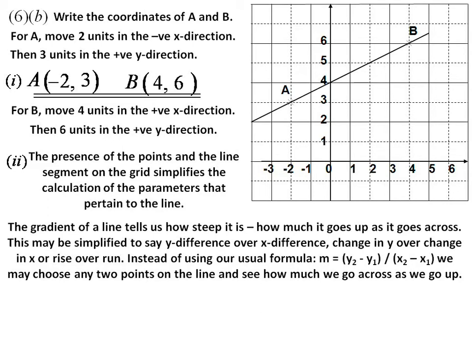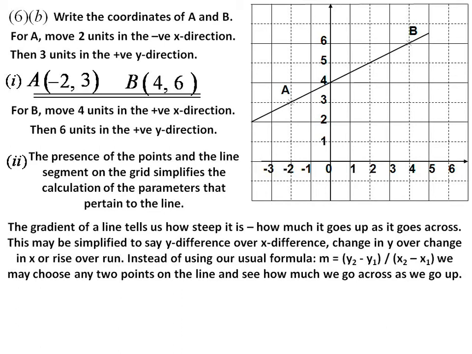Instead of using our usual formula, which is the gradient is y2 minus y1 over x2 minus x1, we may choose any 2 points on the line and see how much we go across as we go up.